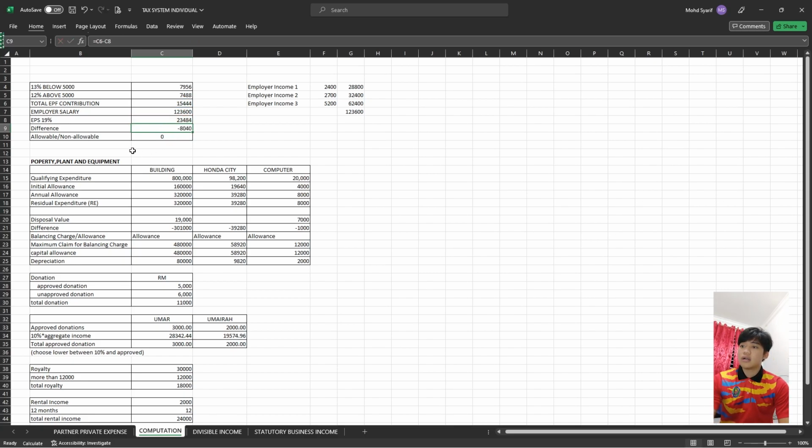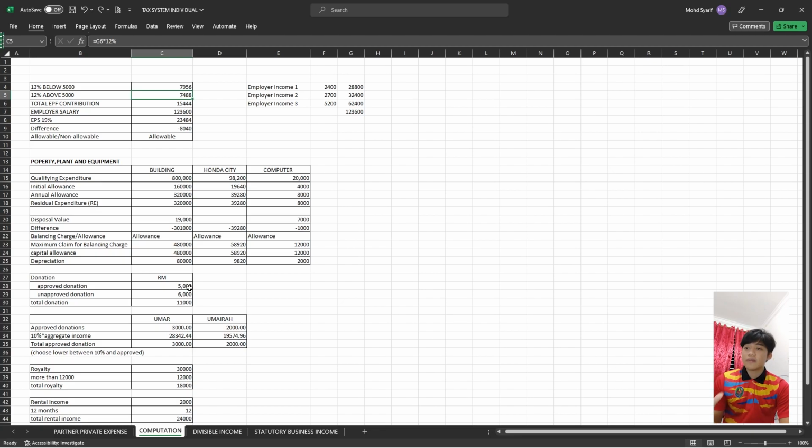Either it is allowable or non-allowable. For the PPE, we choose the building, Honda City and computer, which are 8,000k, 98.2k and 20k. The AA is actually initial allowances and annual allowances, and we have 20%. But luckily it is all the same for the building, the motor and the computer.